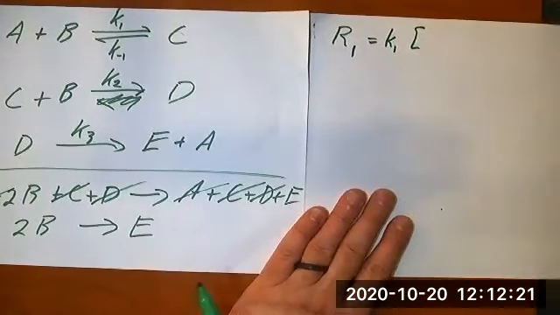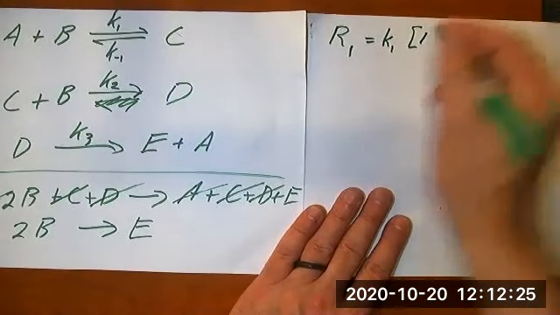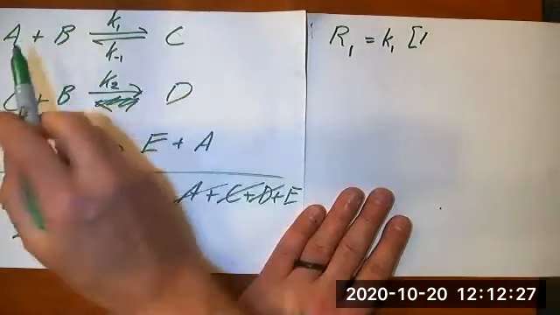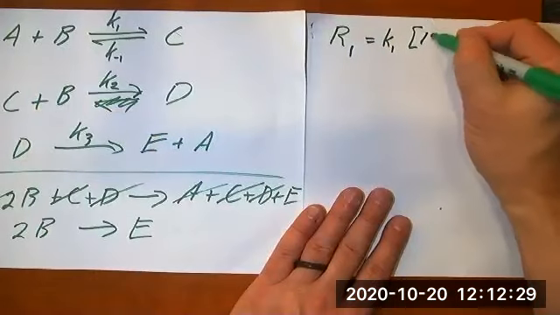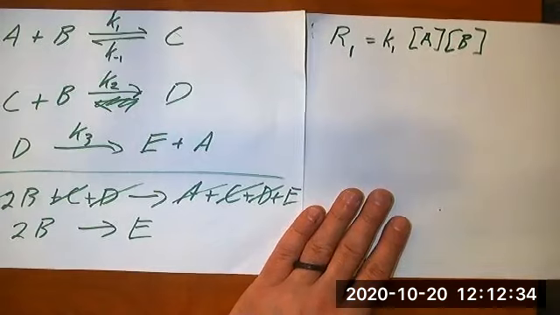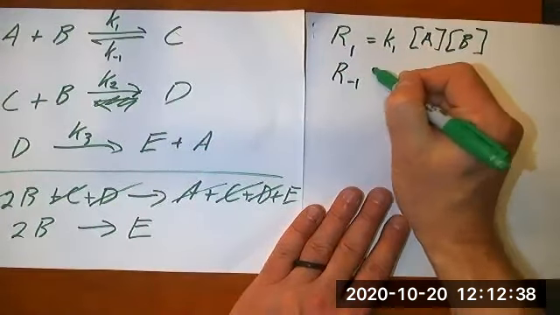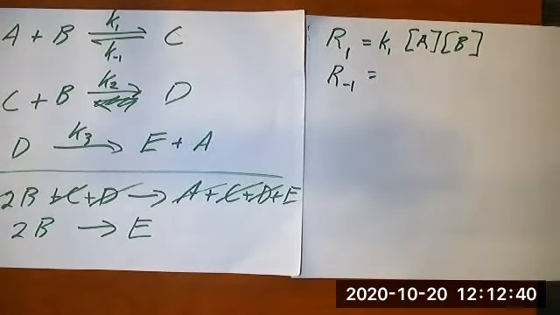K1 times concentration of what? Of B? C? No, the forward reaction, so you use the reactants. So it would be K1 times concentration of A times concentration of B. Okay? What is R minus 1, the rate for the backwards reaction?